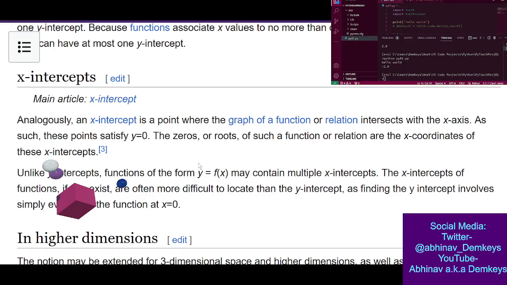And yeah, at that point, y would be 0. As such, these points satisfy y equals 0. The zeros or roots of such a function or relation are the x-coordinates of these x-intercepts.